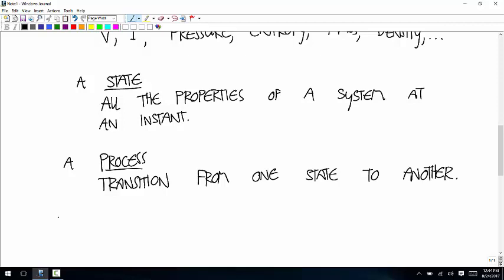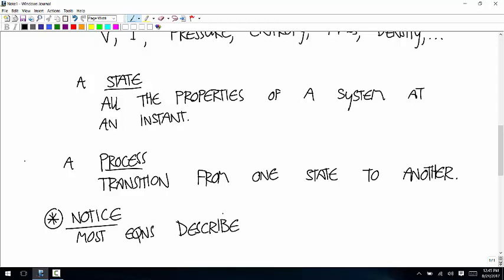So notice that most of the equations we're going to deal with describe one of two things.